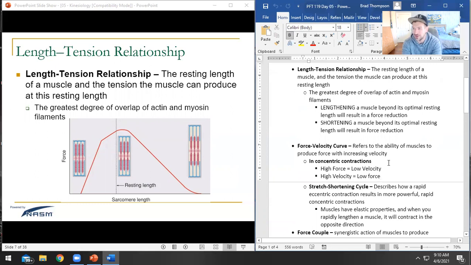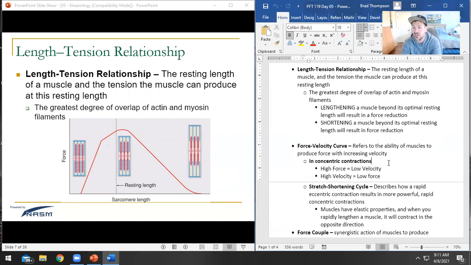These are all very good definitions, but what I feel is the most vital to understanding how to be a good trainer is understanding length tension relationships. I know you guys have heard me talk about this before if you've been through any of our other classes.